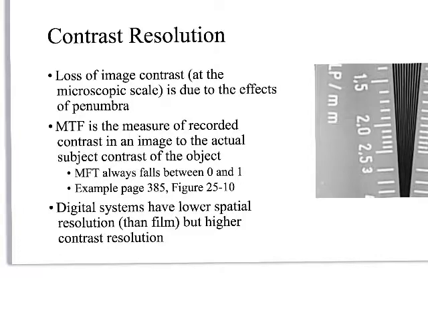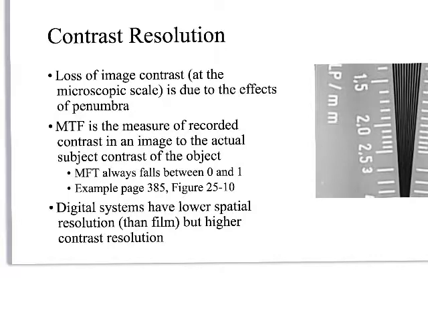If you need an example of what those curves look like, you can look on page 385 in our textbook. And we see that curve B is superior, right? And I can say, well, how do I know that that's the case? I'm looking at on the y-axis of this chart, I've got the modulation transfer function. I've said it ranges from 1 to 0.